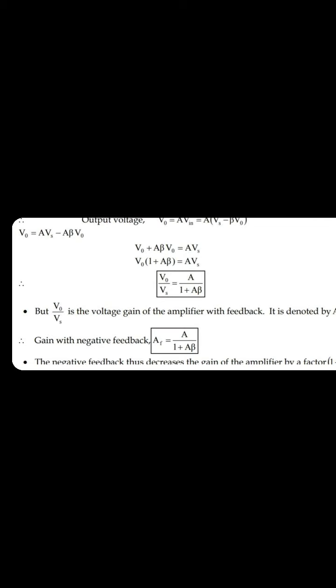V naught by Vs is the voltage gain of the amplifier with feedback. It is denoted by Af. The gain with negative feedback is Af equals A by 1 plus A beta.